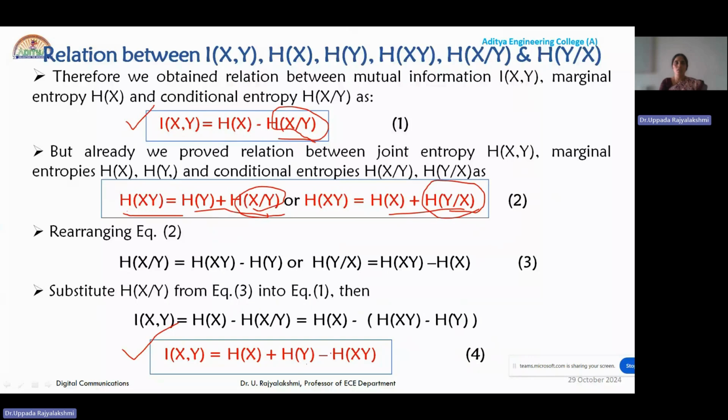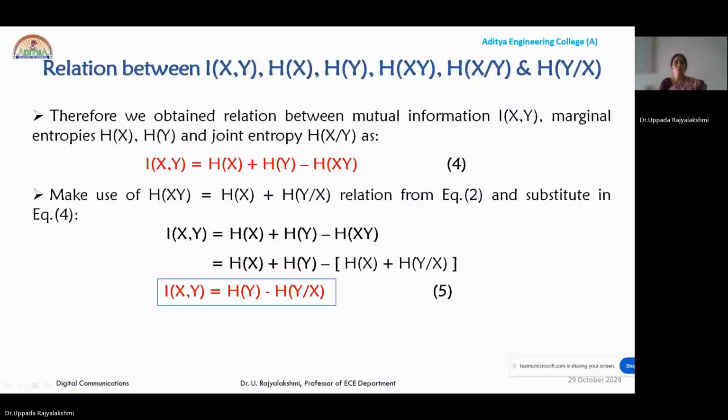So just we know h of xy is equal to h of x plus h of y by x. Just substitute h of xy as h of x plus h of y by x so that you can get the expression in the form of h of y by x also. That is I of xy is equal to h of x plus h of y minus h of xy. We have written this as h of x plus h of y by x.